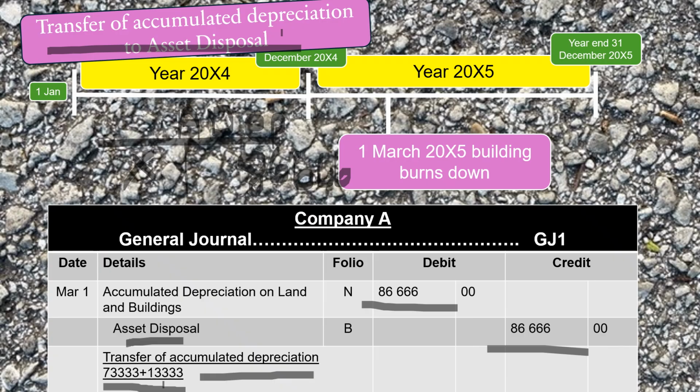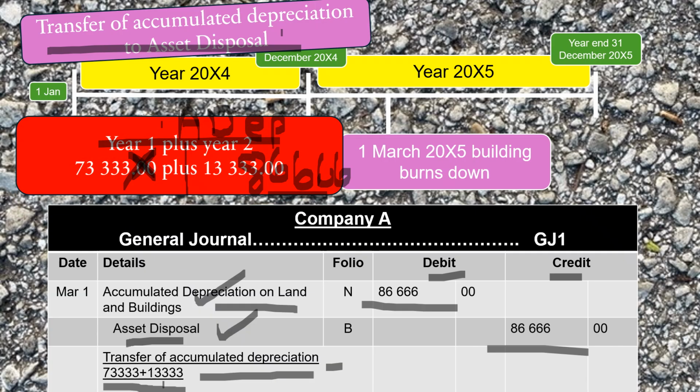I'll say that again. I transfer the accumulated depreciation balance of 86,666 by debiting accumulated depreciation, there it is, and I credit asset disposal. Debit and credit. That's the transfer of the accumulated depreciation. Now, what do I have in the asset disposal account? From the previous journal entry, I have the cost price, and now I have the accumulated depreciation in the asset disposal account.